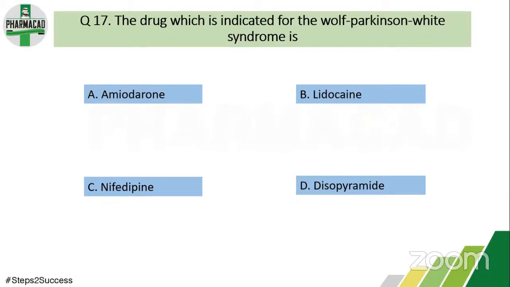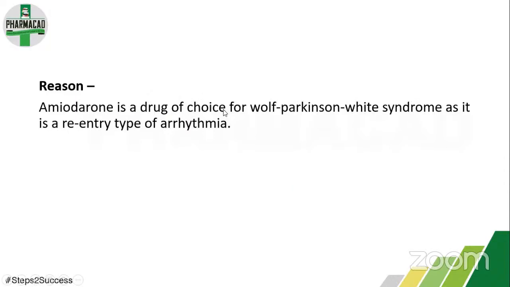Okay, so if you see, lidocaine belongs to class 1, nifedipine is a calcium channel blocker and belongs to class 4, and disopyramide is also a drug, but the drug of choice here is amiodarone. Why?